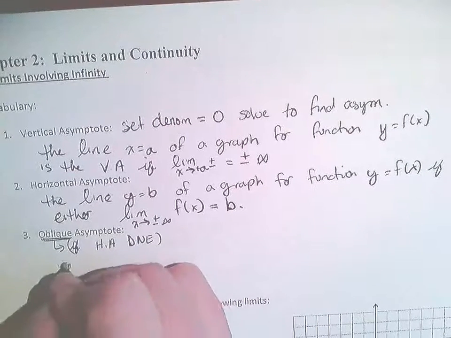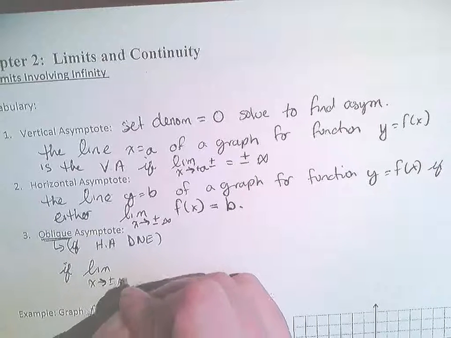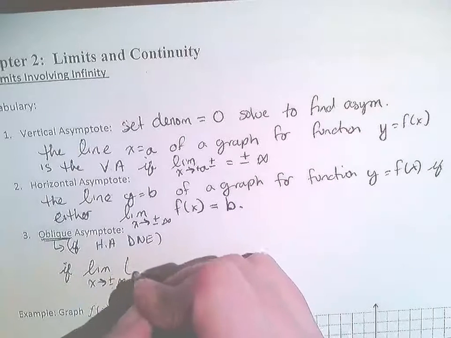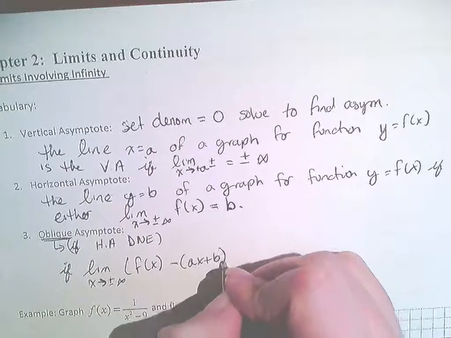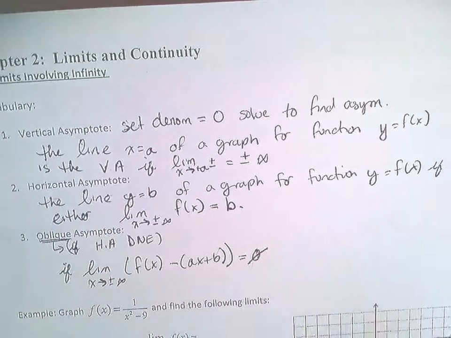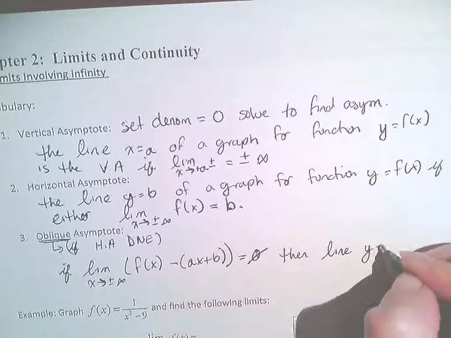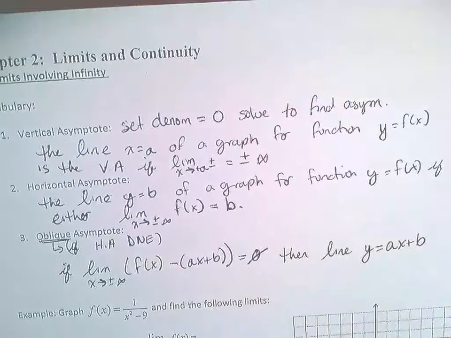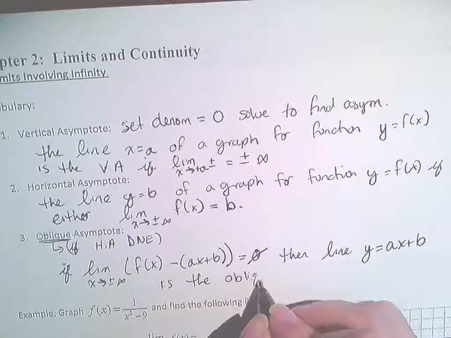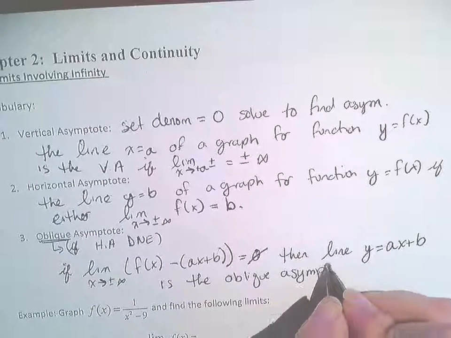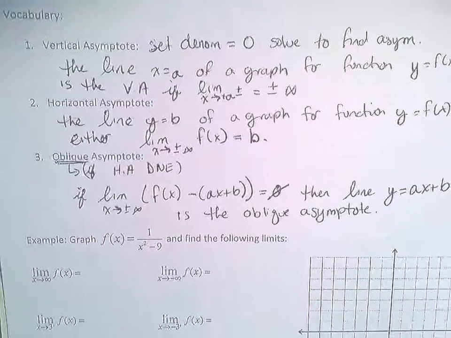And we have this if the limit as x approaches positive or negative infinity of f of x minus (ax plus b) is equal to 0, then the line y equals ax plus b is the oblique asymptote. And all of these definitions make definitely more sense when you actually utilize them in a problem.